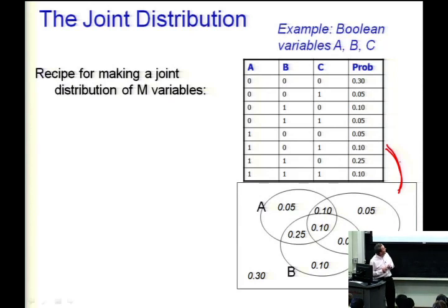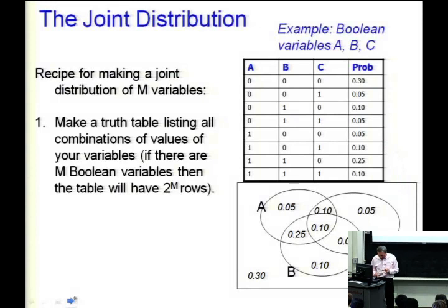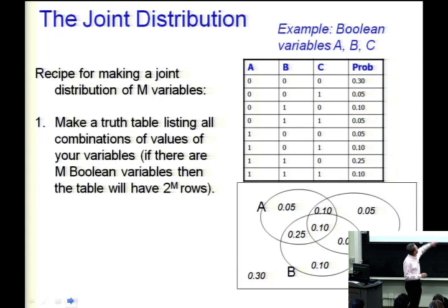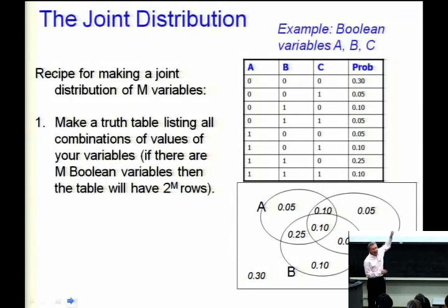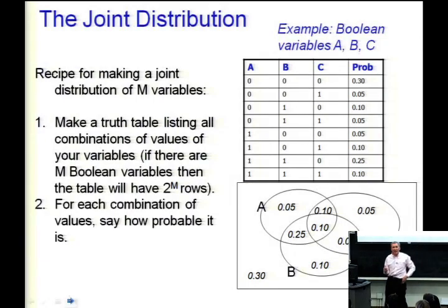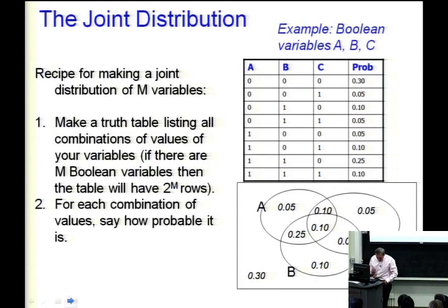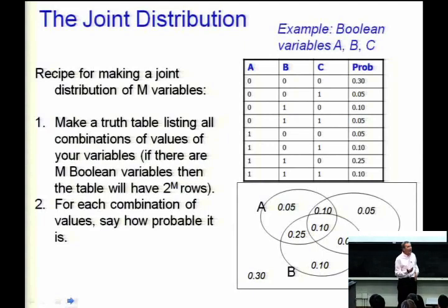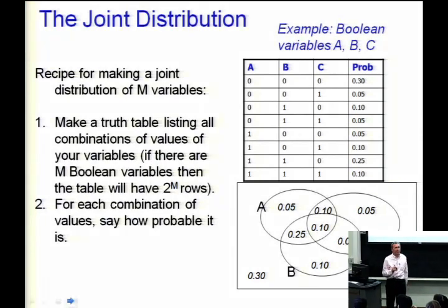And it's very simple to make one of these. It's not difficult at all. We simply make a truth table listing all the possible assignments of our random variables. If I have m random variables and they're Boolean, then of course I'll have 2 to the m rows in that table. For each of those configurations, to define a joint distribution, I have to write down the probability that the world will exhibit that particular joint assignment.